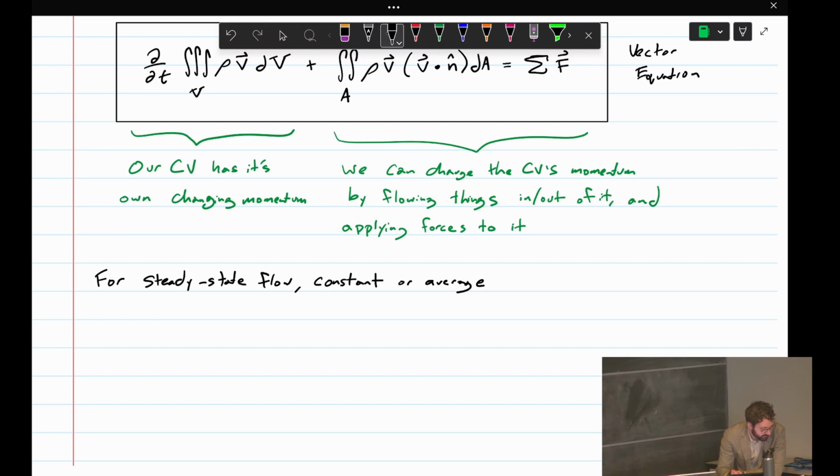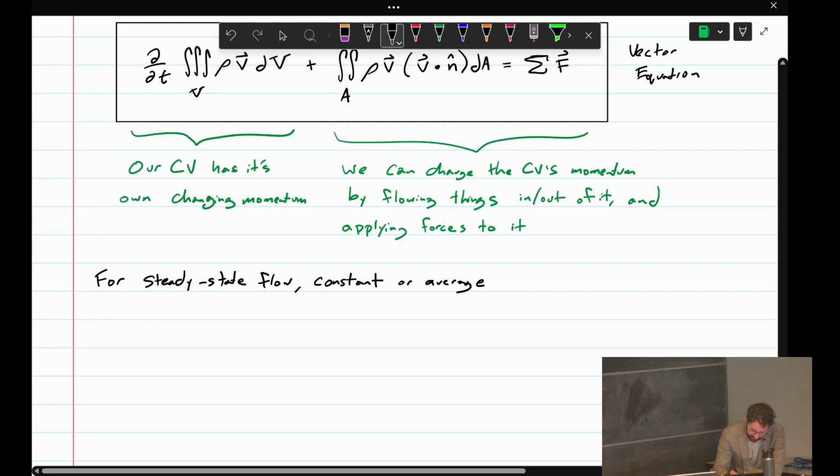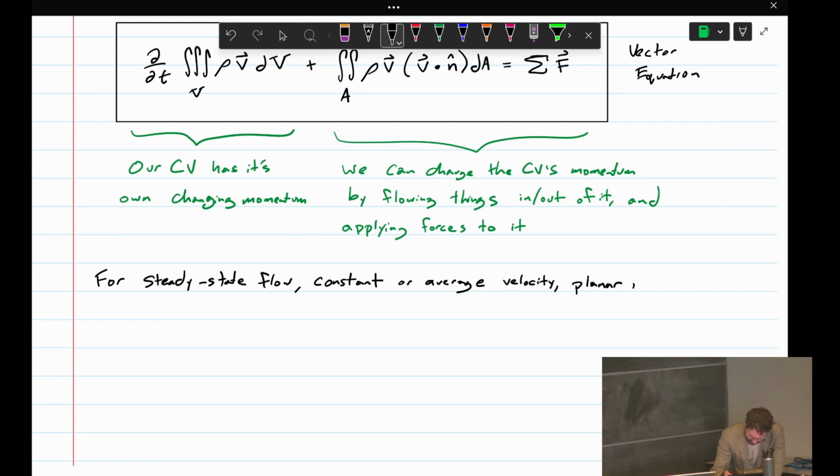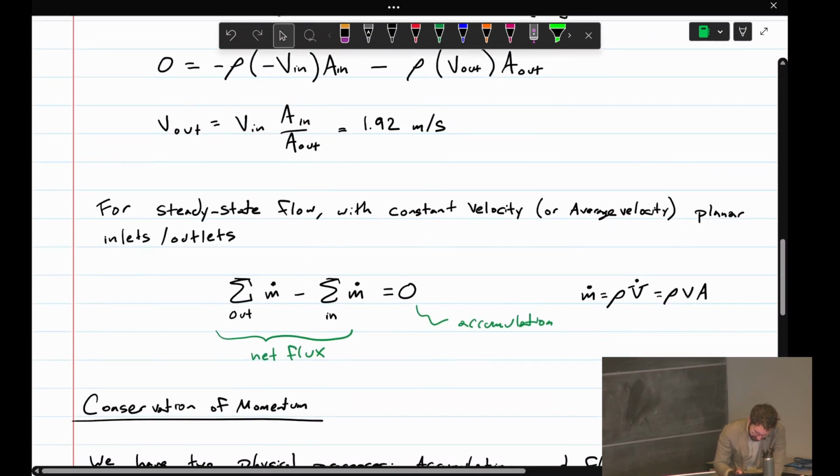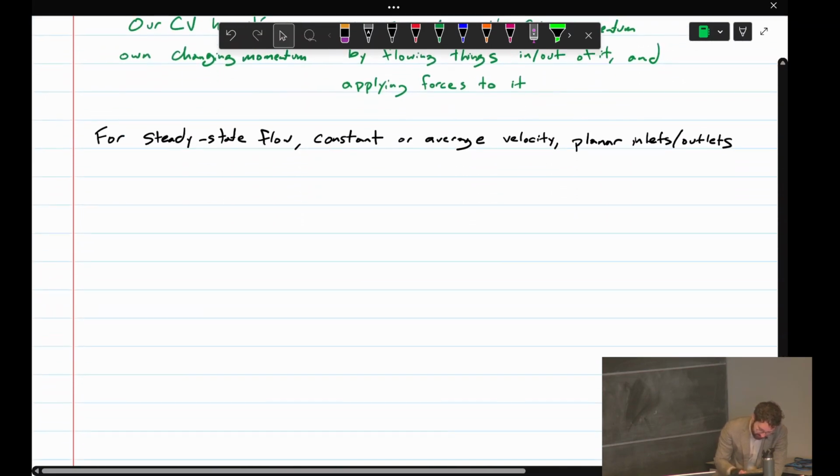And as we know, a pipe doesn't have a constant velocity across the cross section, but we usually just use the average velocity. Constant or average velocity. Planar inlets and outlets. What else? Okay, that was it.